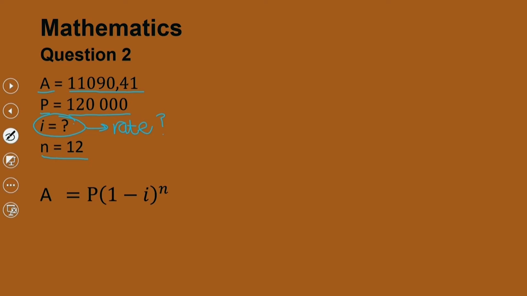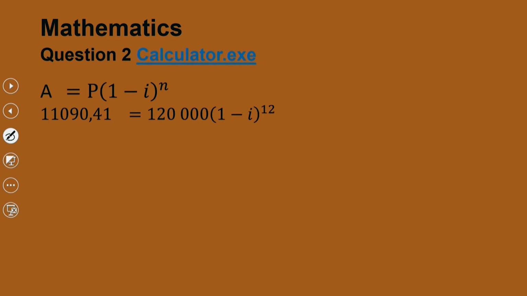When you talk about depreciation and compound decay, like I've said, was our focus. Therefore, you'll see the formula that we use is A is equal to P, 1 minus I, look at the difference, 1 minus I in brackets to the power of N. Very important. Can you see that? This is similar to the compound interest, but with the negative sign indicating decay or depreciation. Are we together?